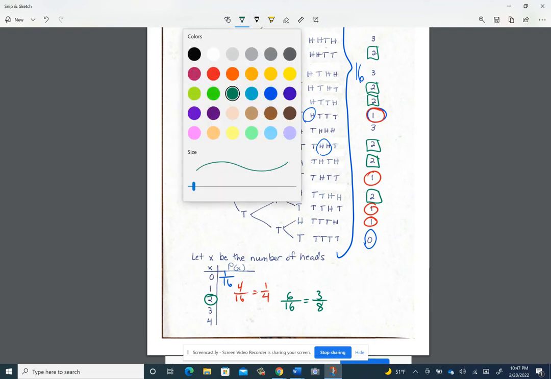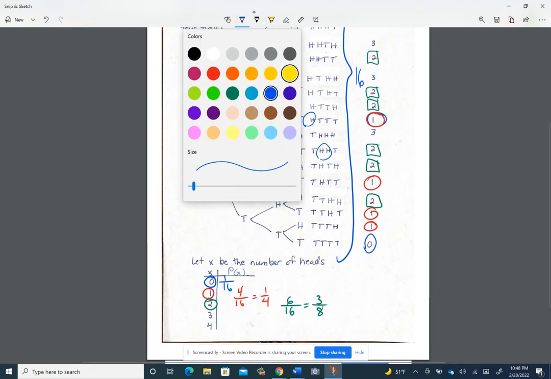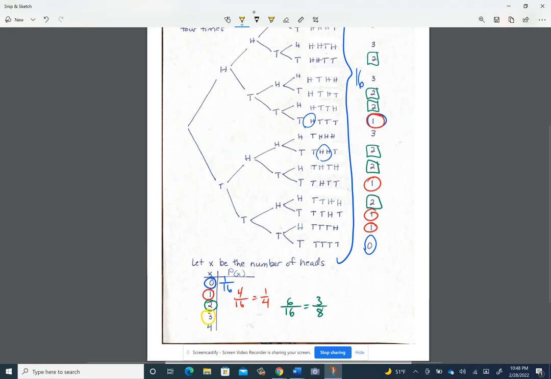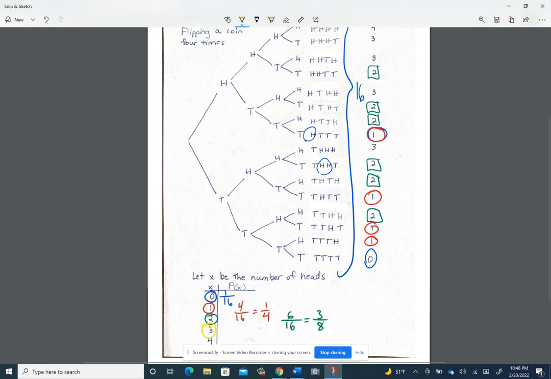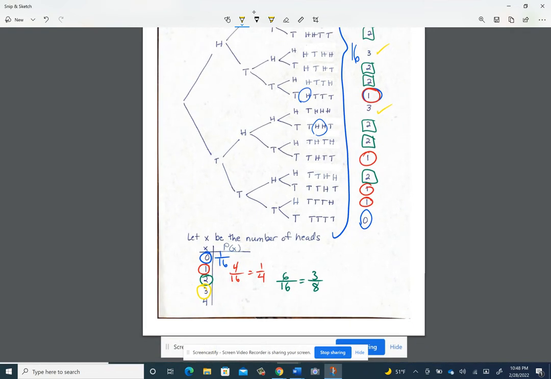Okay, and then 1 head, that was 1/4, and then no heads I did in blue. Okay, see that? All right, so let's do 3 heads. Let me find another color. How about yellow? Okay, so 3 heads. Let's go back up here and look. So here's 3, 3, 3, 3. So that's 4 possibilities out of the 16.